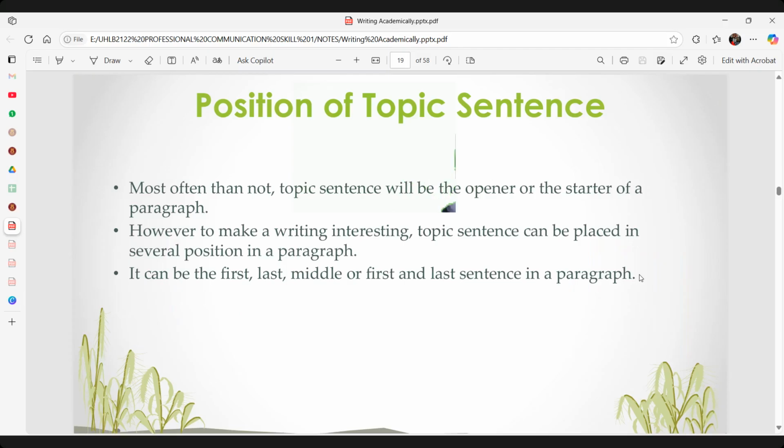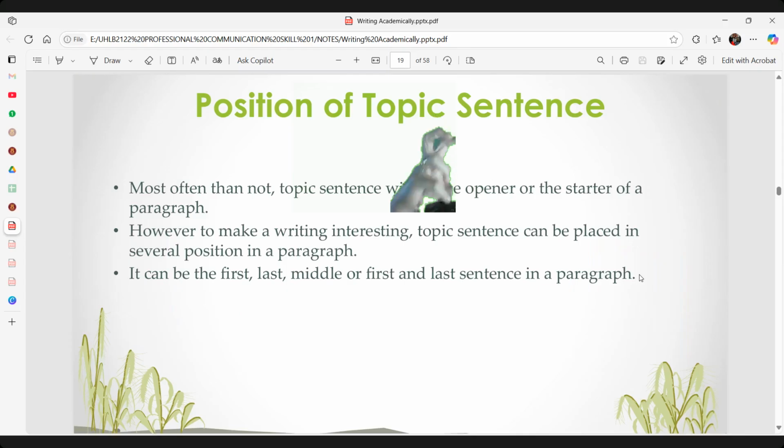However, you need to know that the topic sentence is not necessarily the first sentence in a writing or in an article, because before you can write, you need to read first. Why do you read? Because you need to get some ideas, some thoughts, some inputs. So when you read, you will be reading a lot of different materials.